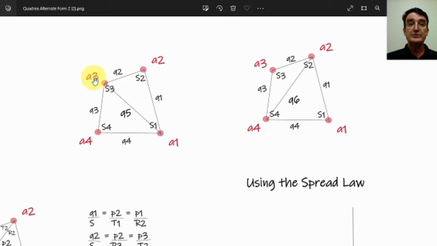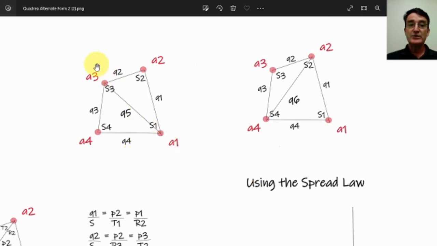The quadrance between A3 and A4 is Q3. And the quadrance between A4 and A1 is Q4. The spreads at points A1, A2, A3, and A4 are S1, S2, S3, and S4, and those are the four spreads of the quadrangle.